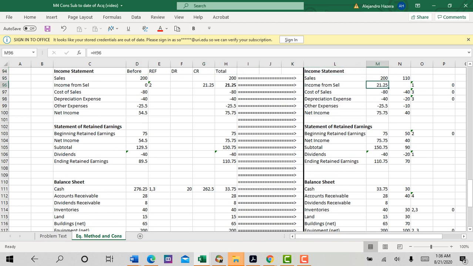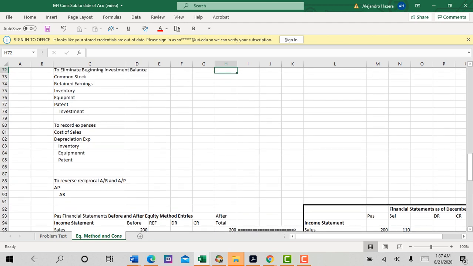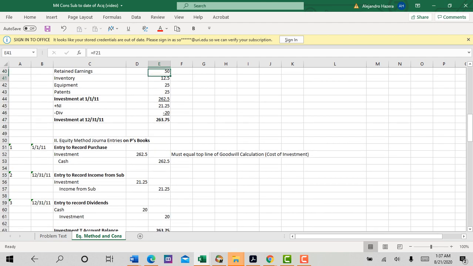Mainly, you have to show the income from sub for the year, and the investment account of 263.75 should equal the investment account on your balance sheet after the equity method, should equal your T account balance, and should also equal your investment account reconciliation balance. Okay, I'm going to stop this video here.